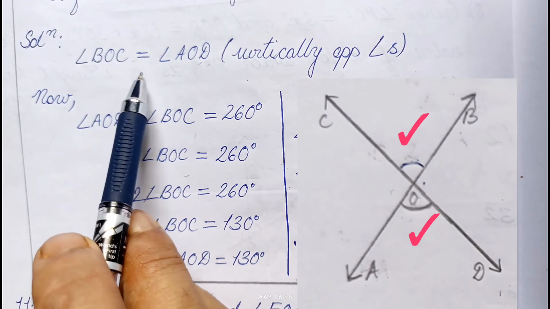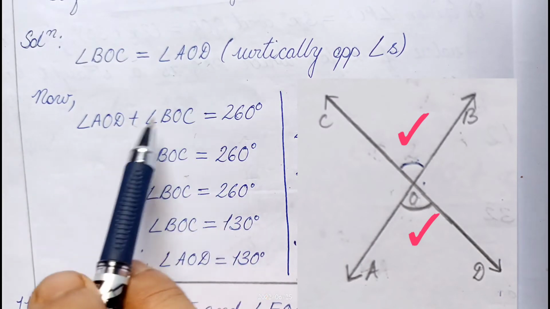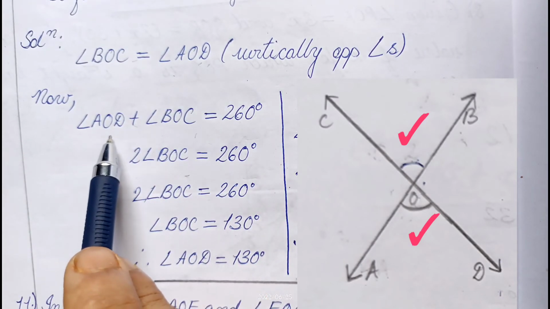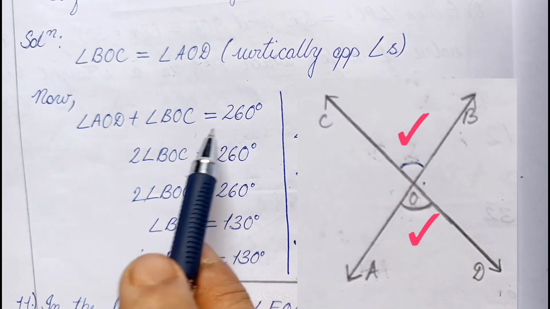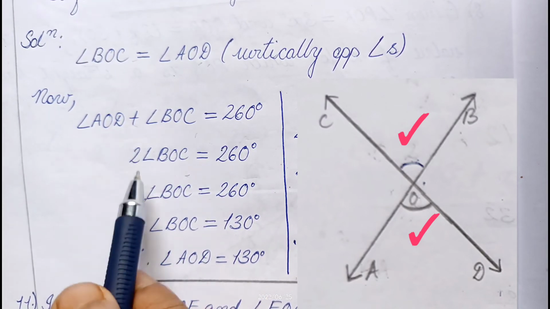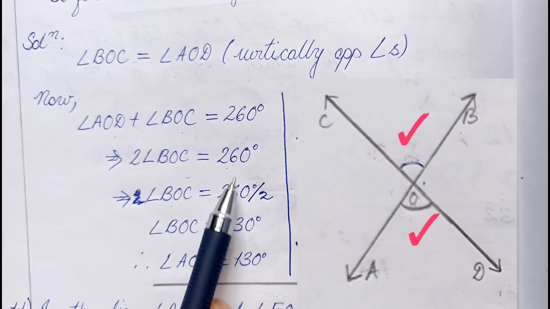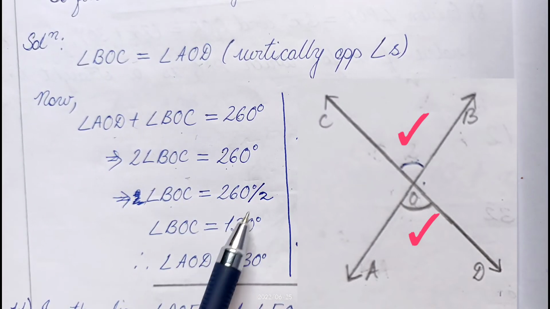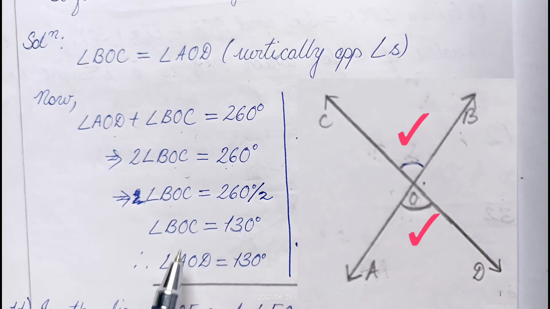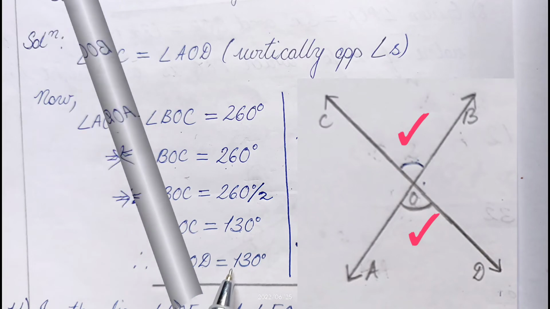So BOC equals AOD, vertically opposite angles. Now in the question it is given AOD plus BOC is 260. Since these two are equal, we can write twice BOC is 260. Therefore BOC equals 260 divided by 2, which will give 130. Since BOC and angle AOD are equal, angle AOD also will be 130.